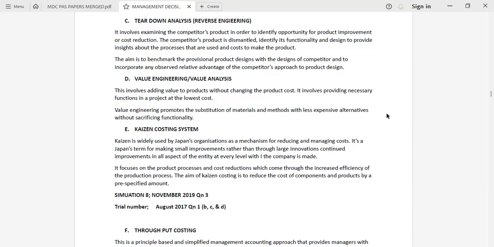company's products and we dismantle everything. If it is a car, we look at each component that makes up that car, and we compare those items with the items of our own cars that we are making.